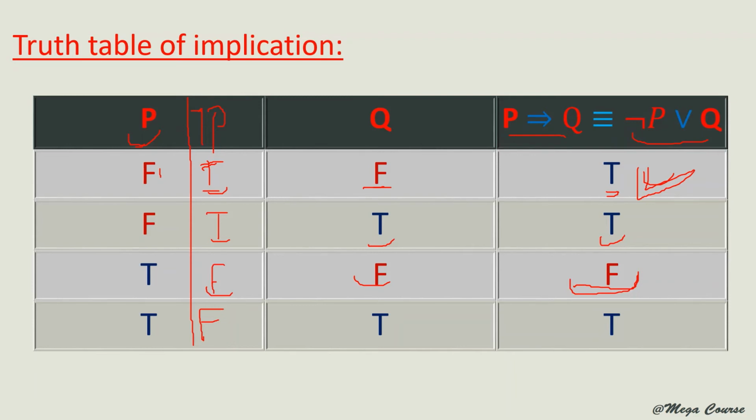Now in the fourth one, not P is false, Q is true, at least one of them is true, which is Q, then P implies Q, I mean not P or Q, is true. They are both the same. Hope you understand this too.